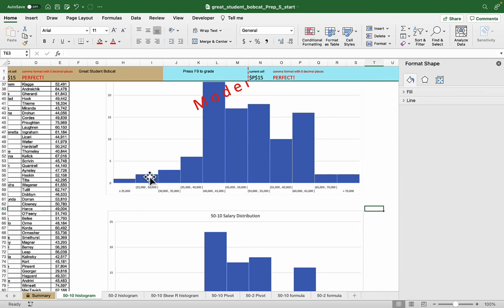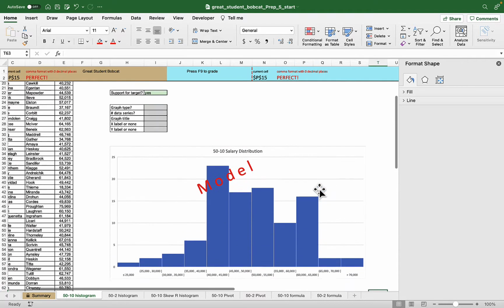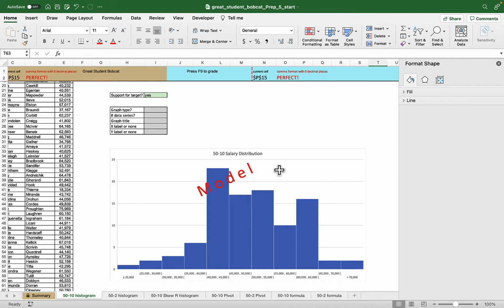I need 9 bars effectively in the middle, but then I still have a bar at the end and a bar at this end. So 9 plus 2 is 11. That's how I designed it, so I'd get bins that were a nice width each. Kind of a roundabout way of doing it, but it works.